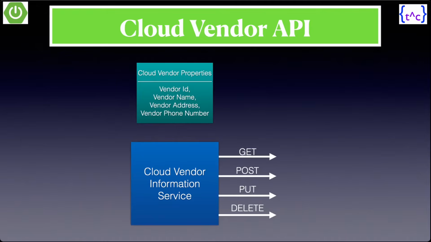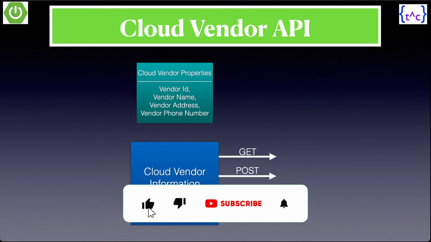PUT will be supported in order to update any Cloud Vendor information, and DELETE will be supported just in case the created Cloud Vendor information is not needed. So in this demonstration, I'll be creating a Cloud Vendor information service which will support all these four operations: get, post, put and delete.